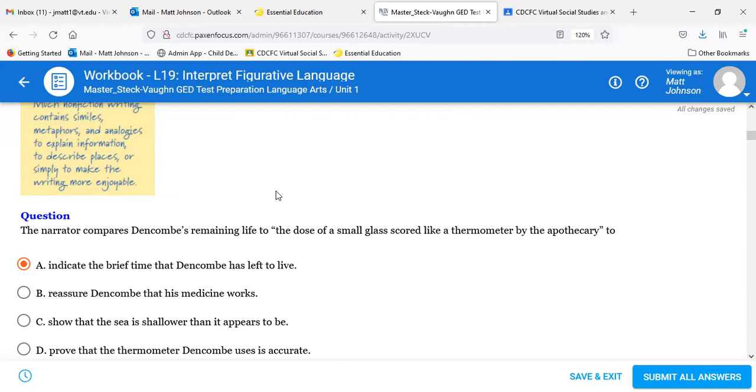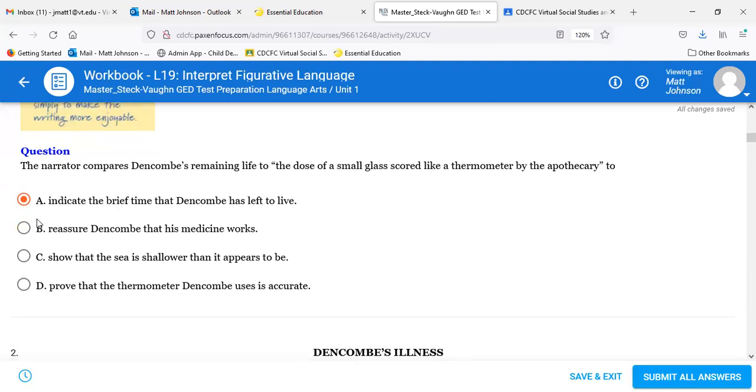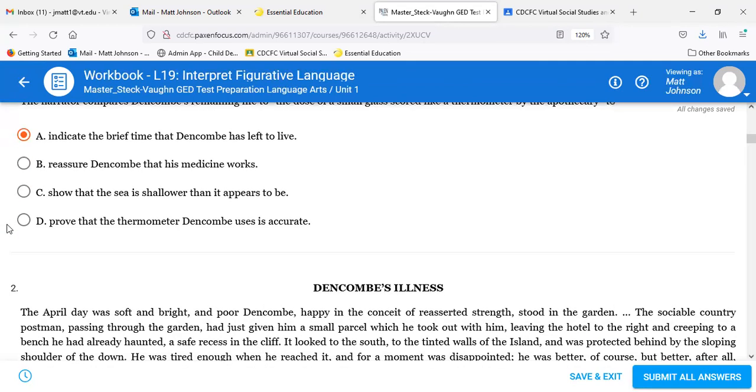So that's all the little tick marks along the temperatures. And then the dose of a small glass. So he has a little bit of life left, and it's at the bottom scored like a thermometer. Those little marks are really, really close together. All right, so A for number 1.